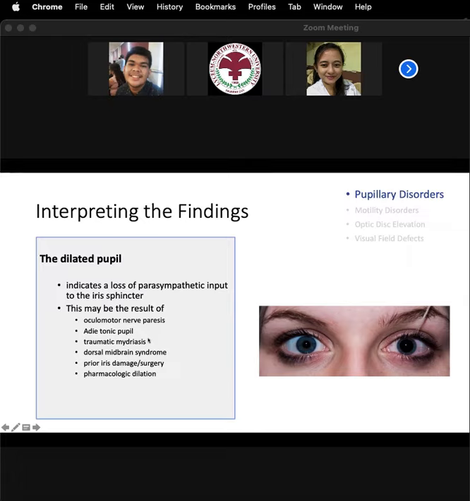This may be a result of oculomotor nerve paralysis, atonic pupil, traumatic mydriasis, dorsal midbrain, and the following can also be due to a prior surgery, where the sphincter was touched, or glaucoma filtration surgery.